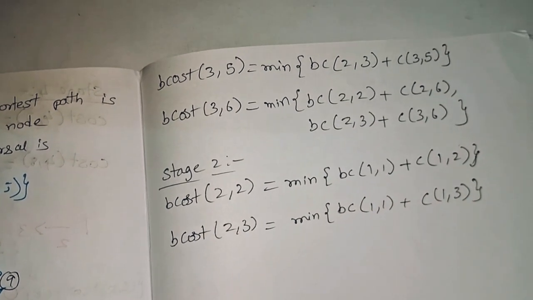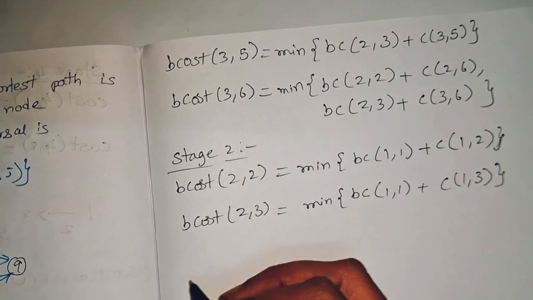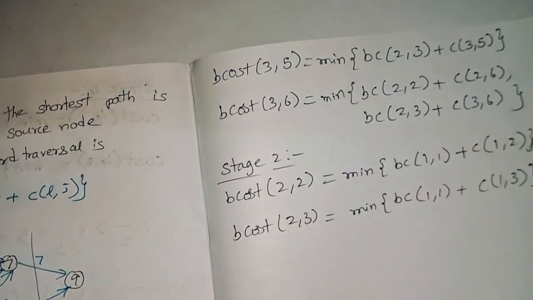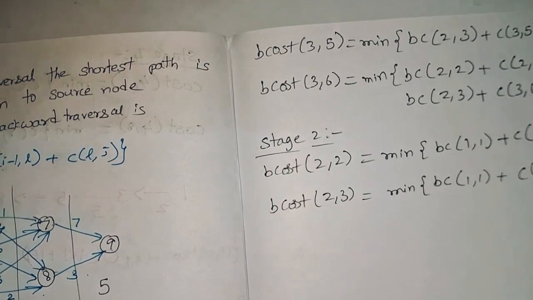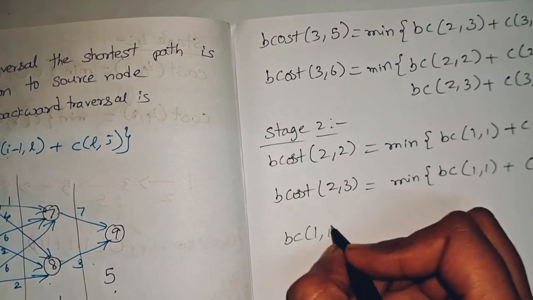Okay, this is the backward cost. Now what is the value at stage 1? The cost of 1 comma 1 is 0. So we know that backward cost of 1 comma 1 equals 0.